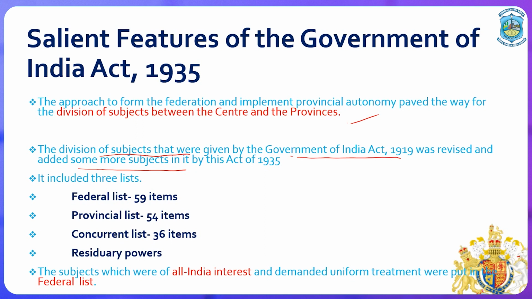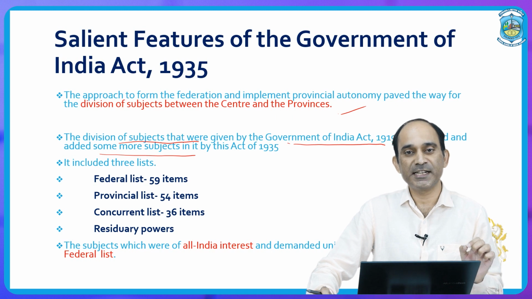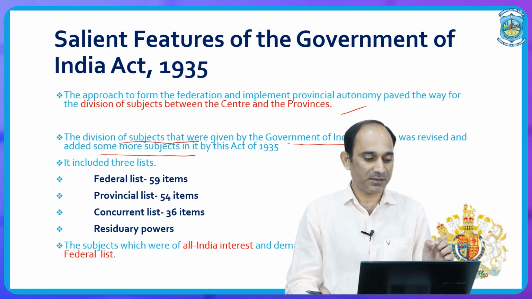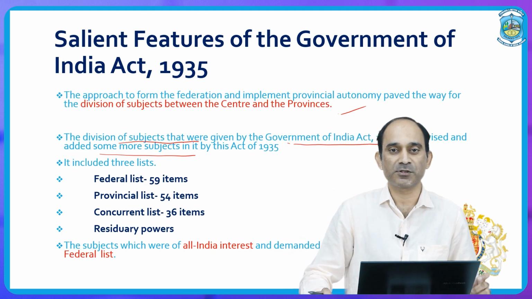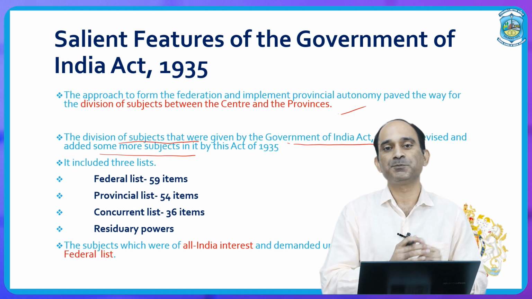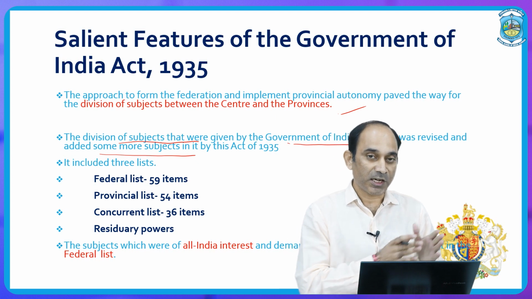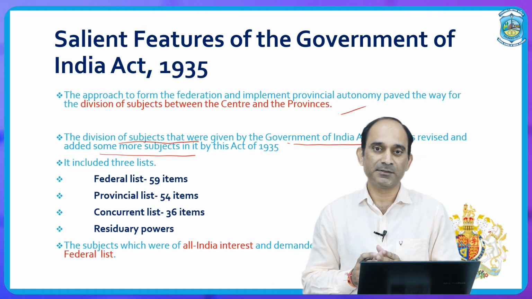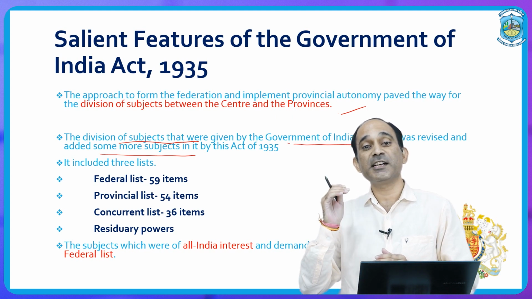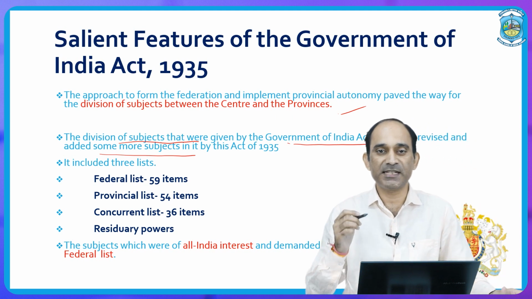The previous Act of 1919, if you remember, also introduced diarchy at the provincial level, where transferred subjects and reserved subjects were introduced. Now diarchy was abolished at the provincial level in this Act of 1935, and diarchy was introduced at the central level. So at the central level, these subjects were introduced.